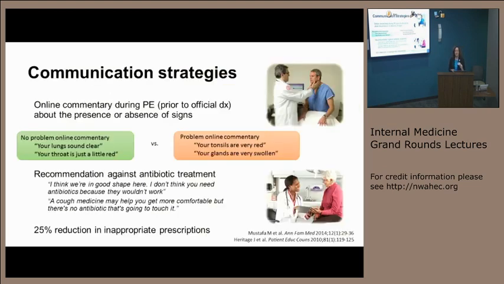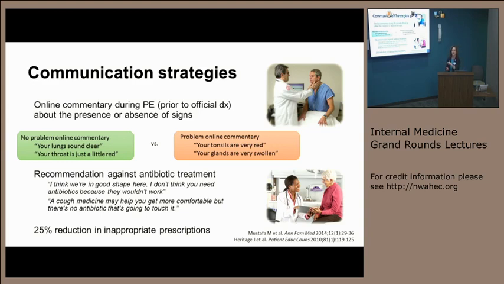And then I just wanted to briefly touch on a couple of communication strategies that have been shown to work. One is using online commentary during your physical exam. If you have taken a history from a patient and you're thinking this is a viral infection and that they most likely don't need antibiotics, using online commentary to talk about your findings as you examine the patient to help build the case against antibiotics is associated with a significant reduction in inappropriate prescriptions.